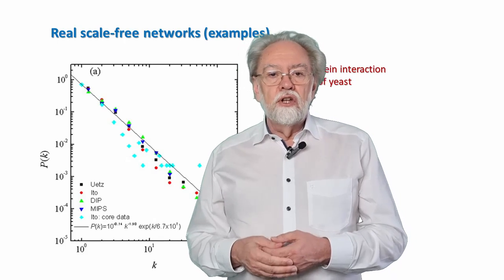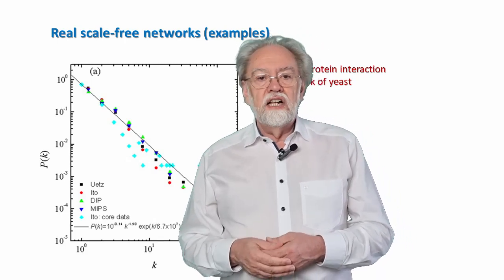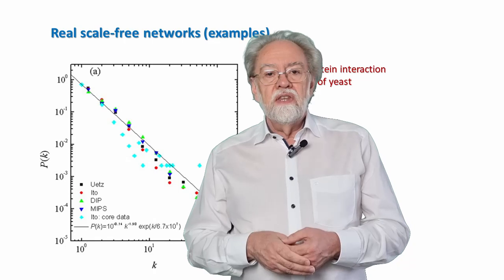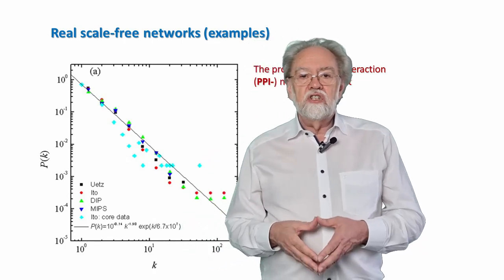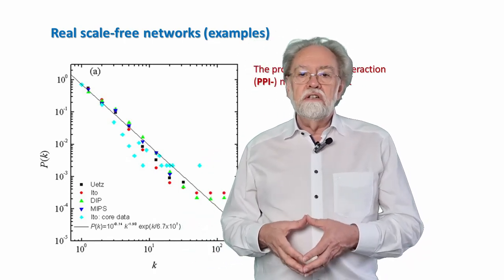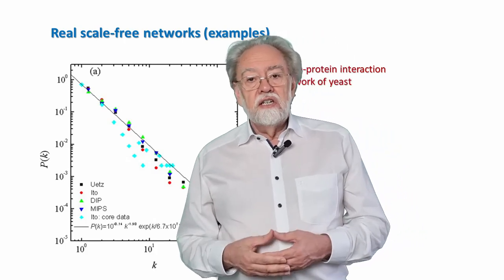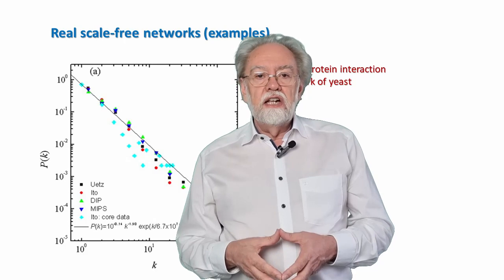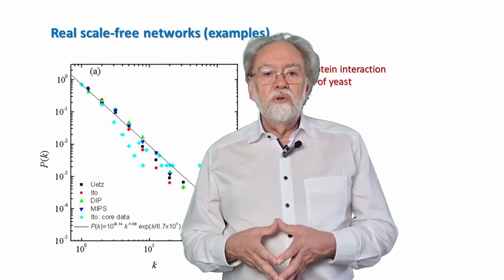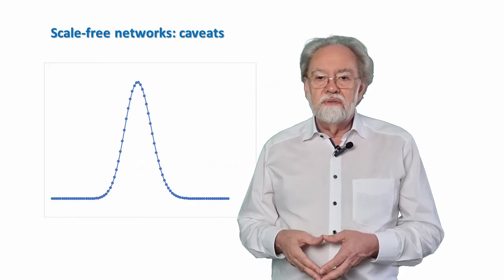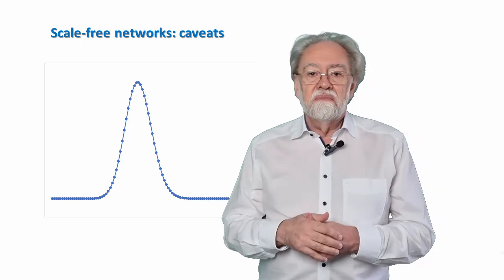Today, we know that not all biological networks are scale-free, and that sometimes apparent scale-freeness is just the result of incomplete knowledge about the network. Occasionally, our view on a presumed scale-free network may just be the rightmost part of a Poisson distribution, as in this case.